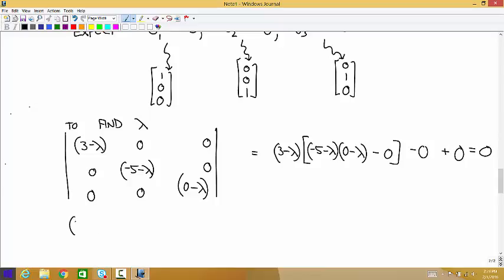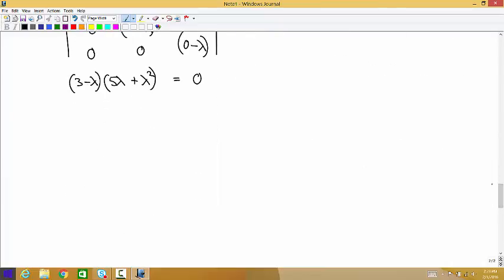So we have 3 minus lambda times the quantity 5 lambda plus lambda squared. We're setting that equal to 0. So we know one of these roots is 3.